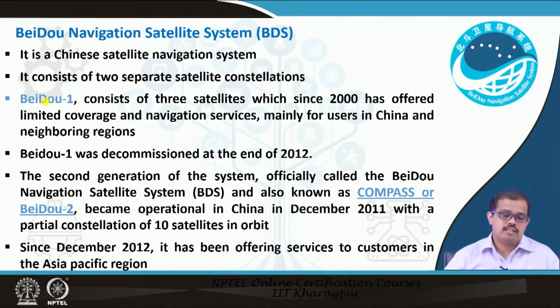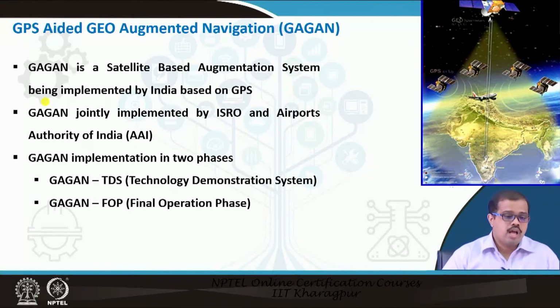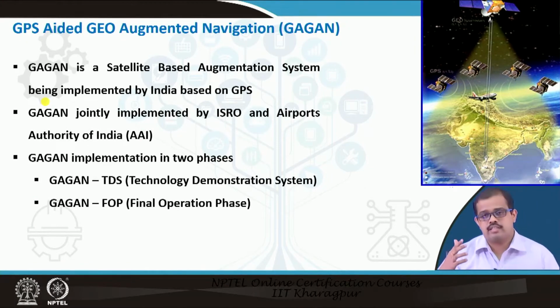There is a lot of planned modernization for BeiDou services. Probably by 2025 we will have a huge constellation of BeiDou satellites and exact services in the Asia Pacific region.